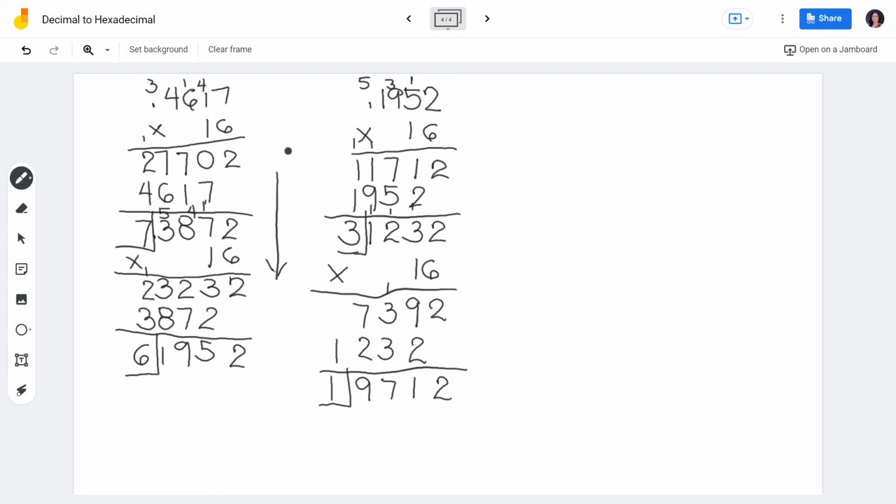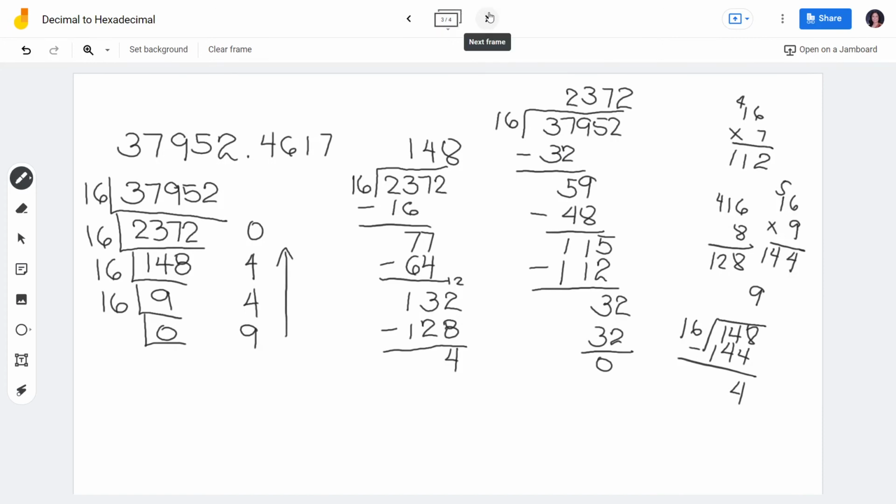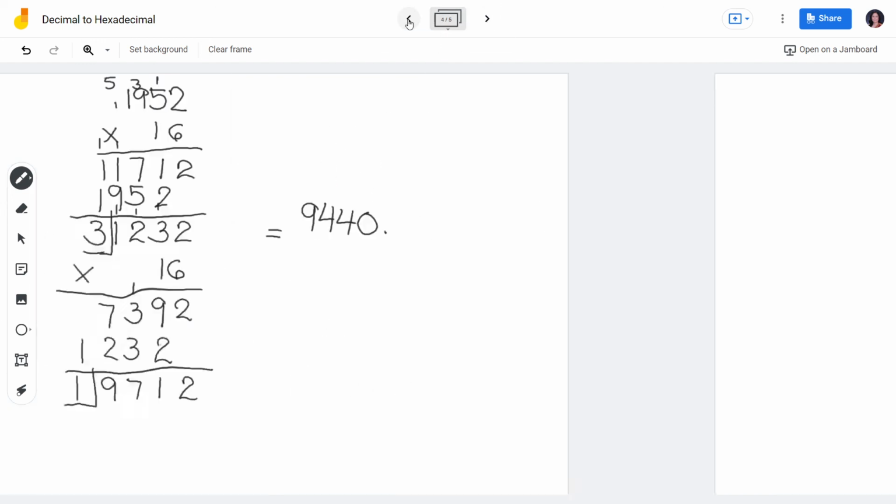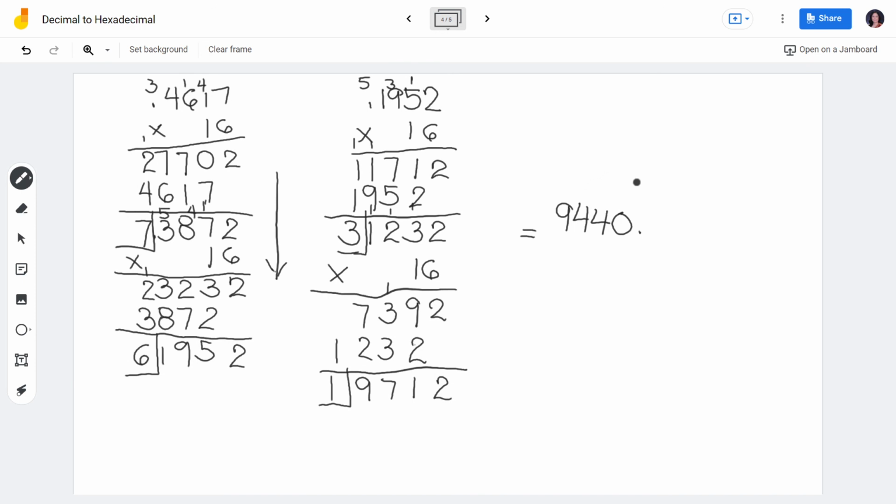Okay, so next is we have the final answer. So we have 9440 point, okay, point 7631 base 16.